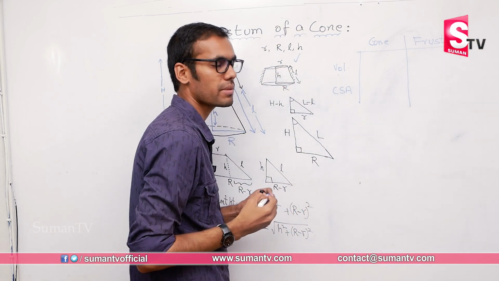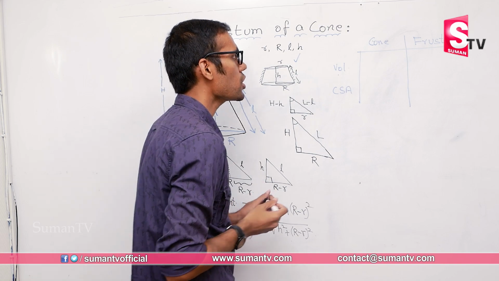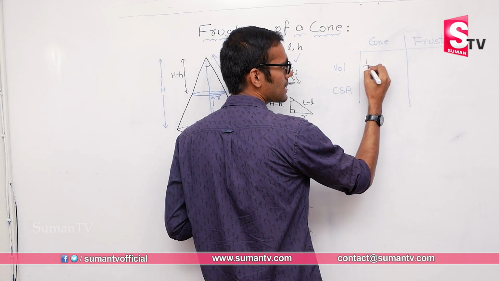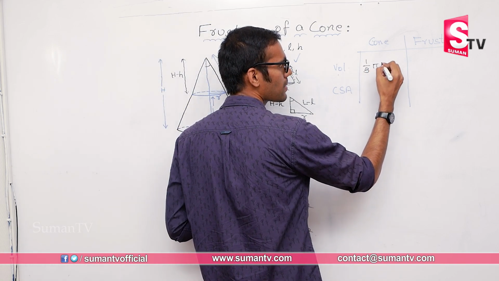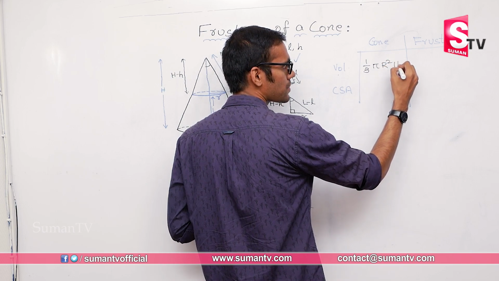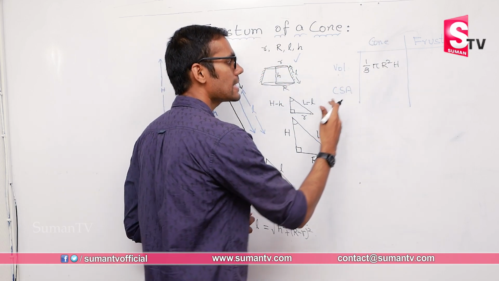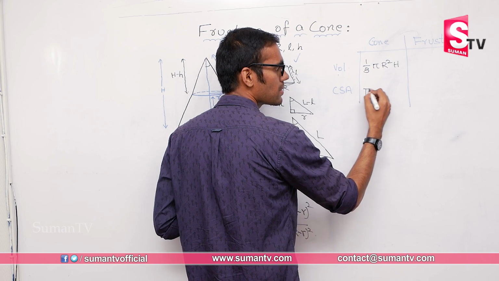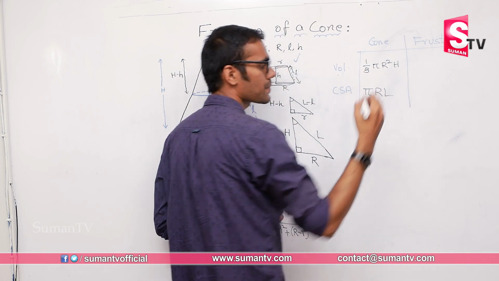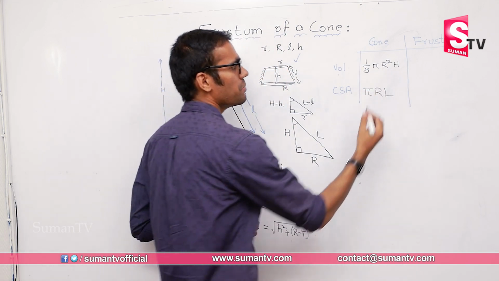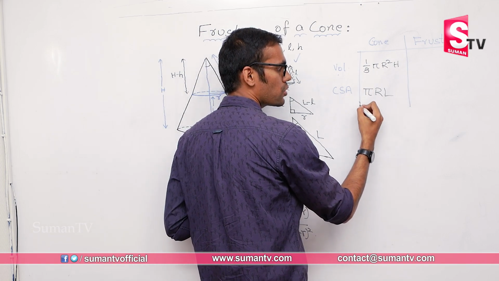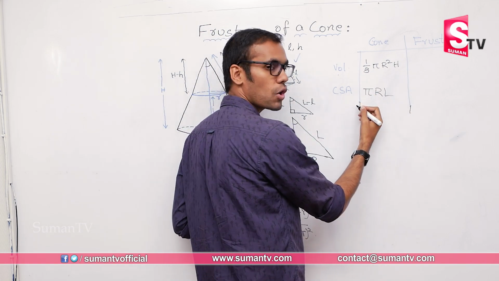So this is a trick to remember actually. So you already know what is the volume of cone. It is 1 by 3 pi r square h. And CSA is pi r l.